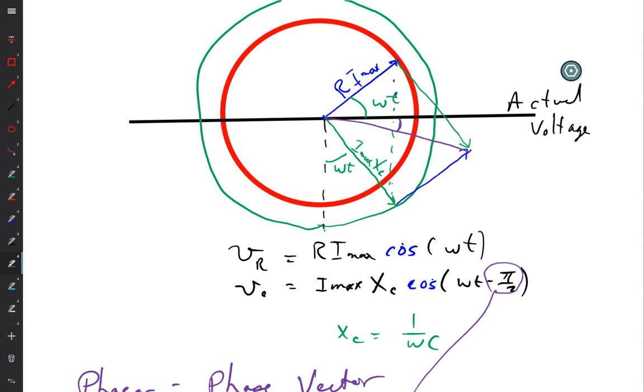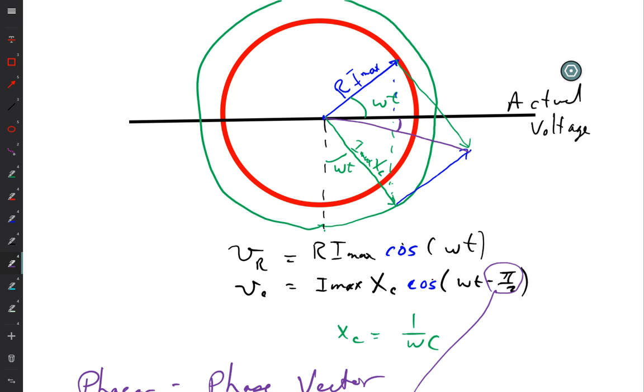So by convention, we just align our picture so that the R I max is on the horizontal axis. Basically, we're taking time as 0 from my cosines. And that's how we draw our picture. So we draw the resistance voltage as a horizontal line. And we draw the capacitance voltage as a line that's going downward.